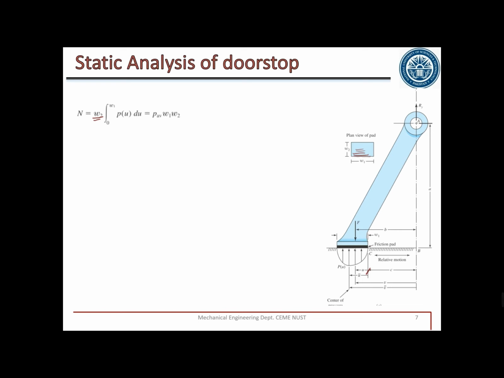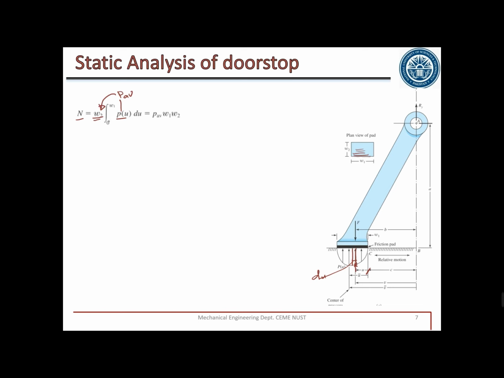So for every small strip we have a pressure distribution of P(u), and multiplying it, it has a small width of du. So P(u) du is integrated from 0 to W1, and multiplied by W2, we will get N. And if you assume that this pressure distribution is uniform, it will become P average, which will come out of the integral.